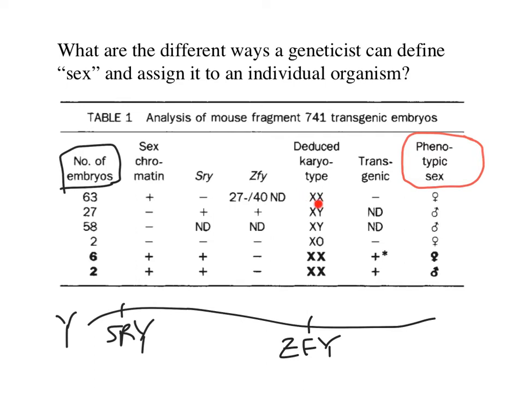So what evidence suggests that these 63 embryos are XX? They don't have SRY, and they don't have another gene that's on the Y chromosome. So if they don't have SRY and they don't have ZFY, they probably don't have a Y chromosome. Therefore, if they don't have Y, the deduced karyotype is, okay, they must be XX.